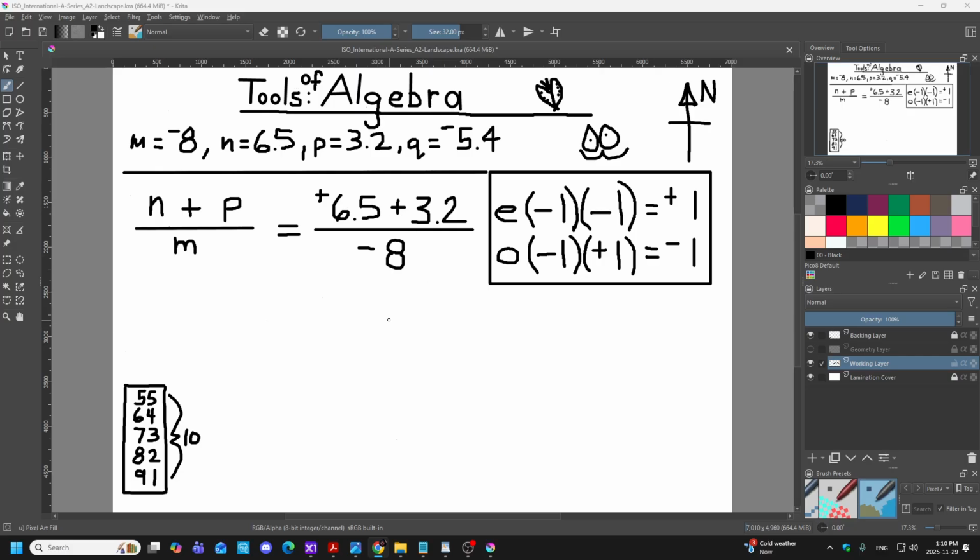We all know this when we're adding two numbers together, right? We're increasing in value. Okay, so with that said, I can actually figure out my sign already because I know my answer is going to be positive in the numerator and I'm going to have a negative for a denominator. But we can show the work still.